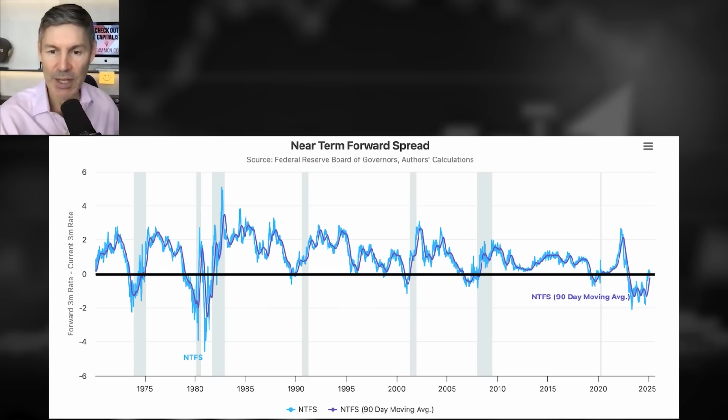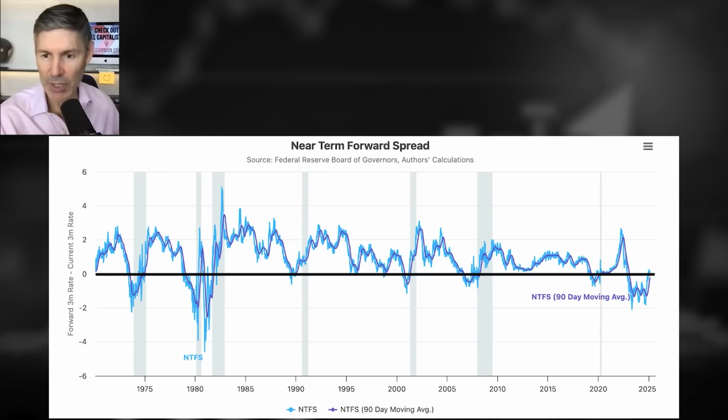And we can see that looking at the dot-com bust, once it uninverted, that's when the stuff really hit the fan. And it was the exact same thing with the GFC. And then same thing with the cerveza sickness.